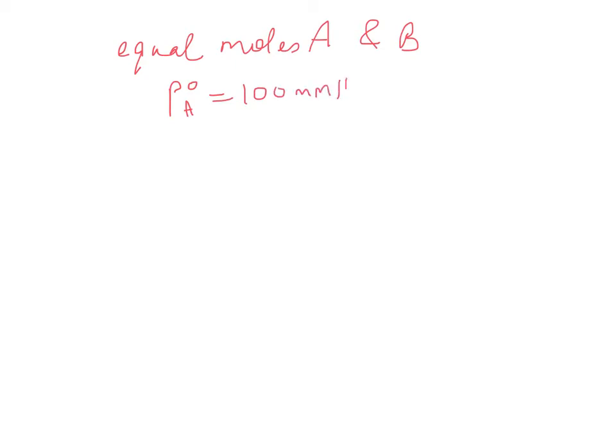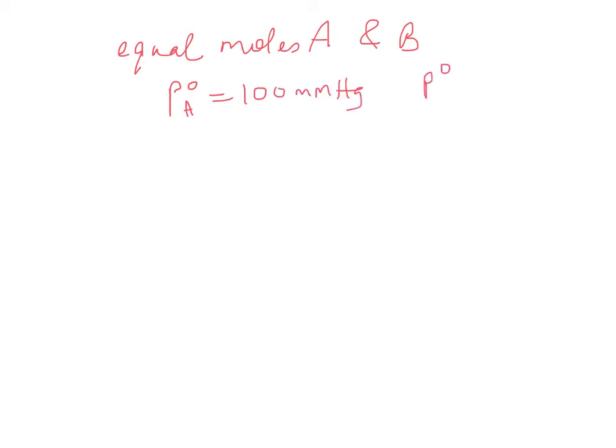Let's perhaps apply a concept problem and see if we actually understand this. Let's say the question is, a solution contains equal amounts, so equal moles, of A and B. There are two liquid components, okay? The vapor pressure of pure A, so P naught A, is equal to 100 millimeter mercury.